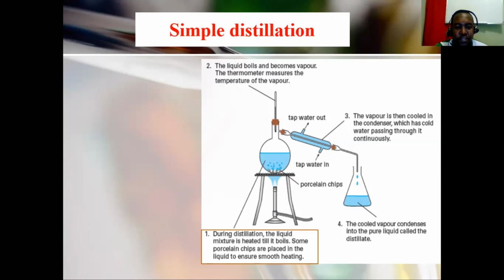So we use these chips as buffers basically to cause the mixture to boil at a constant rate, so it doesn't get violent over a period of time. So it consistently boils at this speed. So that's the purpose of those chips. All right, everybody got it? Yeah. Okay.